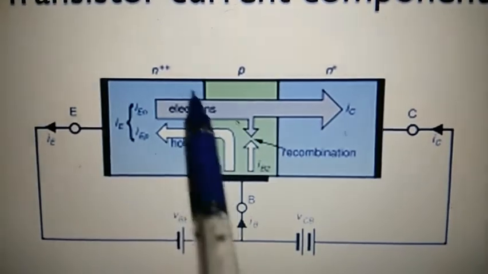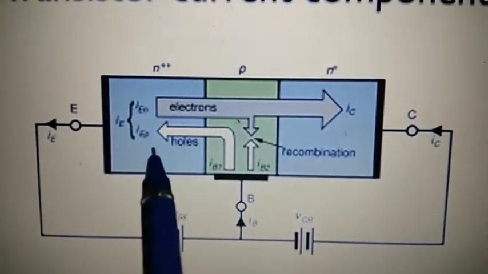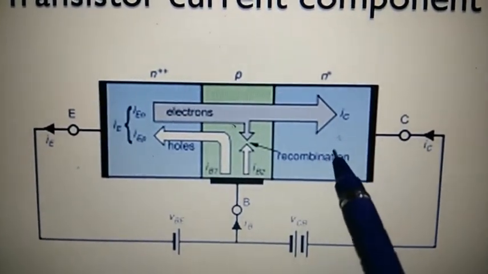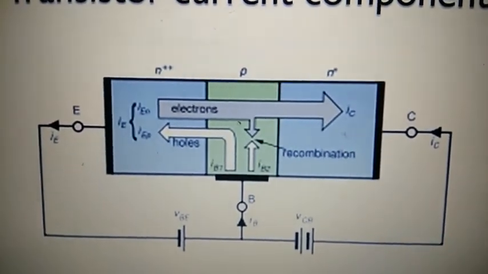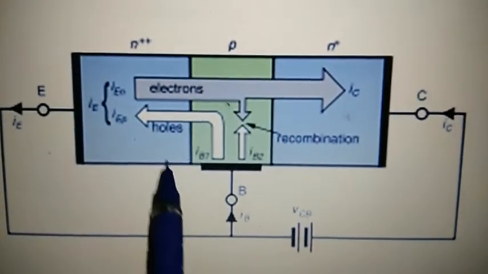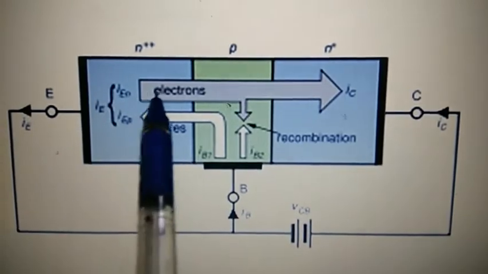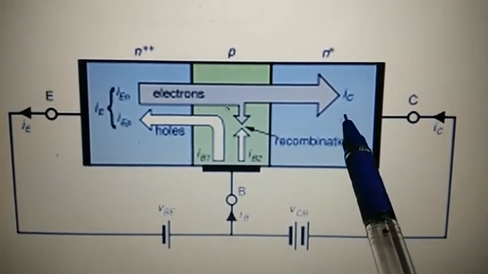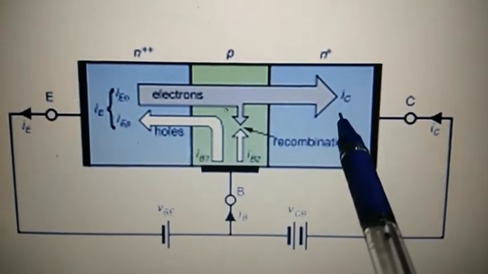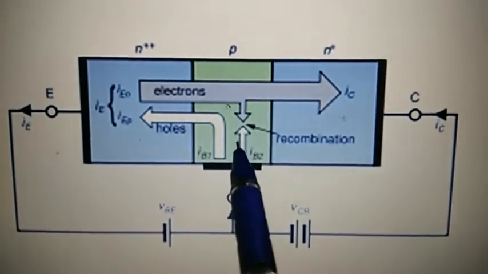The majority charge carriers on the emitter side are negatively charged electrons, as well as on the collector side, the negatively charged electrons. NPN transistor. Now these electrons will move to the base and the same electrons will be carried forward to the collector. That means the function of the collector is to collect these electrons, and some holes are there in the base region.